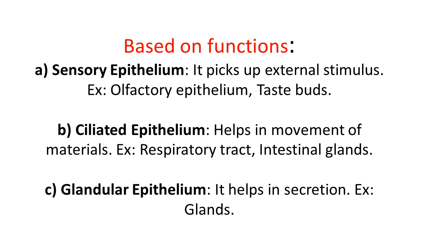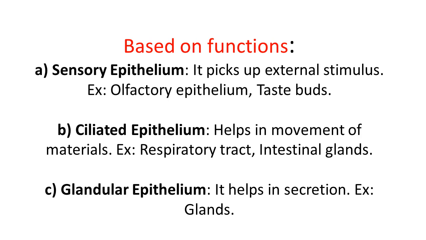Another important type of epithelial tissue is glandular epithelial cells. Glandular means they are present in glands: thyroid gland, sweat gland, and we have so many glands in our body. Those glands are lined with these epithelial cells, which are called glandular epithelial cells, and they help in secretion of certain substances.